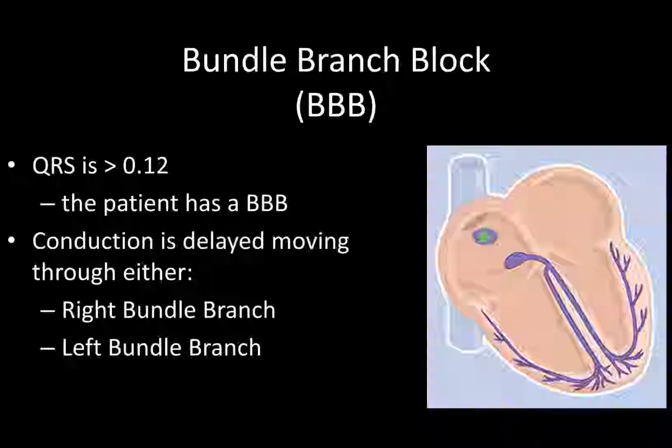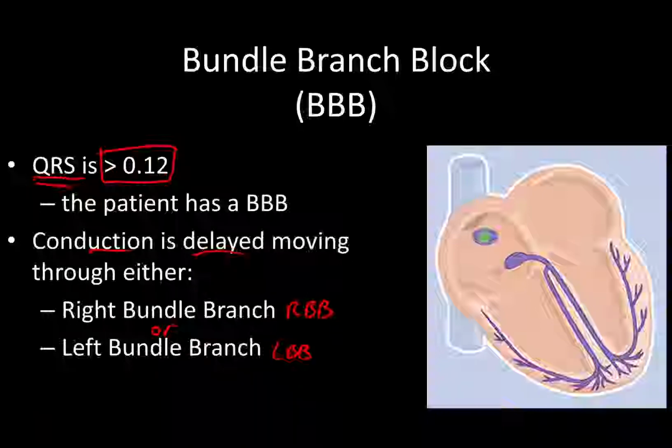Bundle branch block, quite simply put, is a situation where there is a conduction delay moving through either the right bundle branch or the left bundle branch. And how do we define that? What exactly is a delay in conduction? How do we quantify it? Well, simply put, it is when the QRS is greater than 0.12.